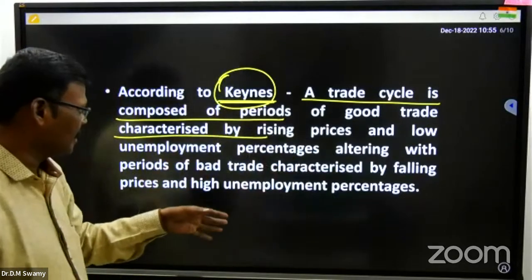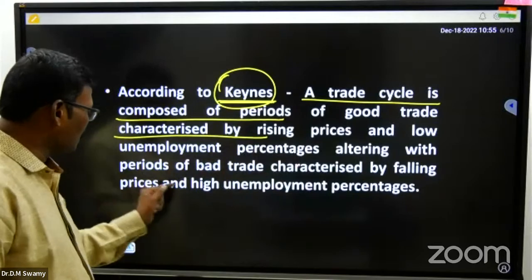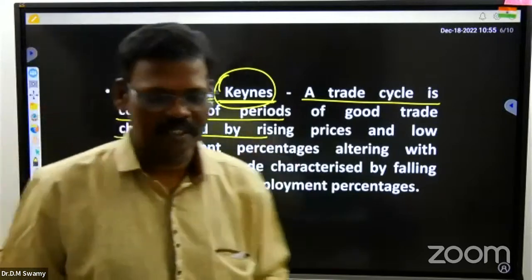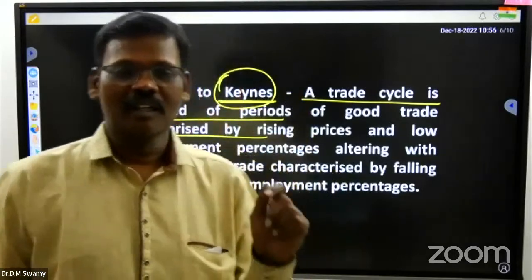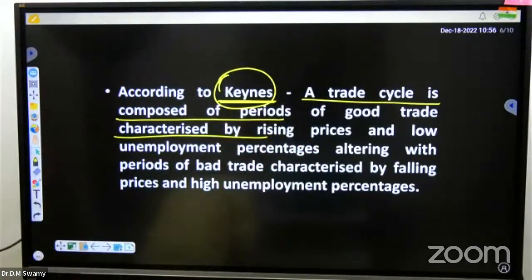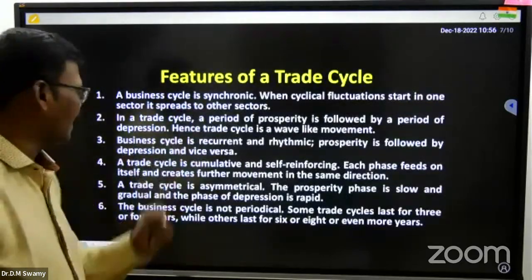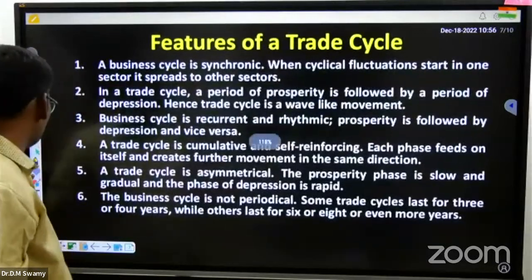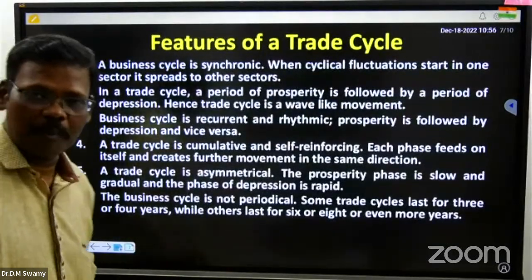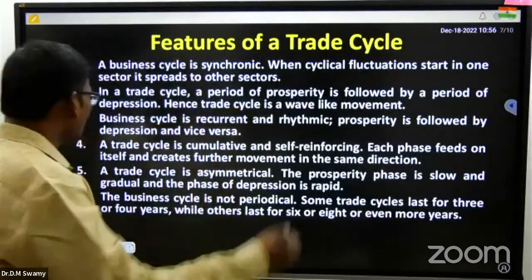On the other side, periods of bad trade are characterized by falling prices and high unemployment percentages. This is called the trade cycle according to J.M. Keynes. The trade cycle has some important characteristics or features.